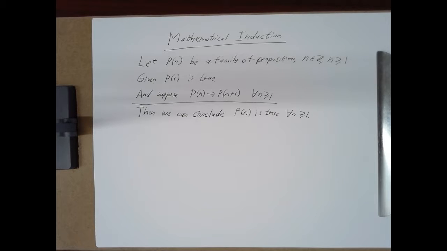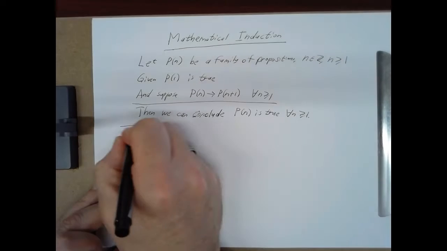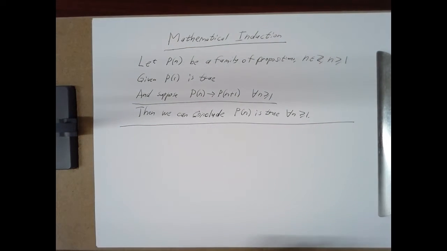So we're not assuming that P of n is true. The only particular P that we're asked to show is true is P of 1. And then we're asked to show this if-then statement, that if P of n is true, then P of n plus 1 is true. But taking those two things together, we can wave our magic wand called mathematical induction and conclude that P of n itself is true for all n bigger than or equal to 1. Okay, so that's what we're going to be dealing with.